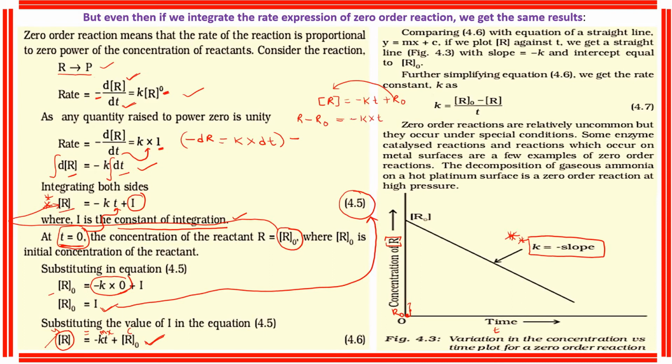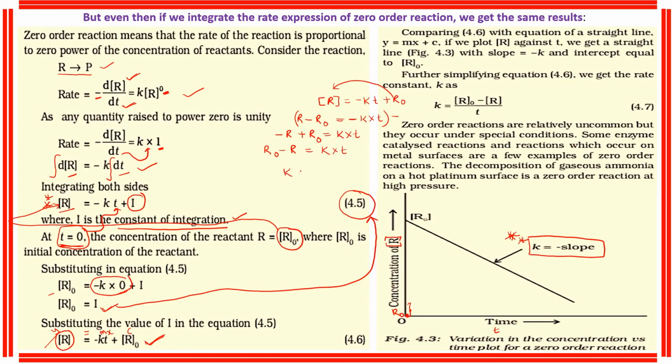There is a minus, so we need to remove it by multiplying with minus again. So we get R naught minus R is equal to k into t.